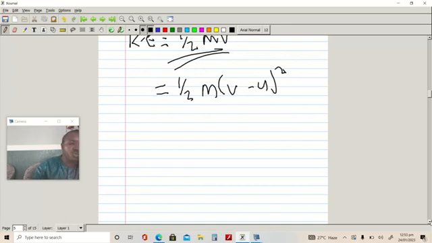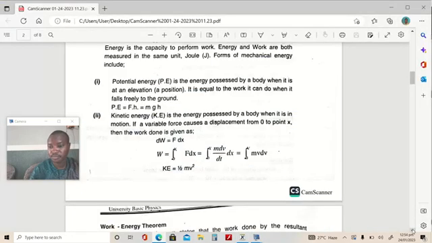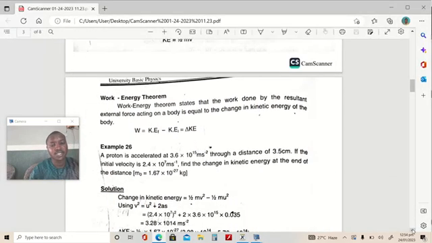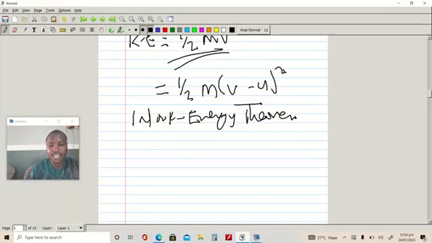So let's look at the work energy theorem. The work energy theorem states that the work done by the resultant external force acting on the body is equal to the change in the kinetic energy.